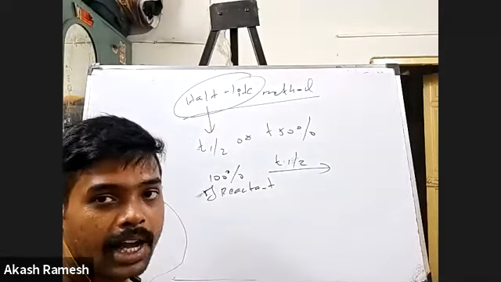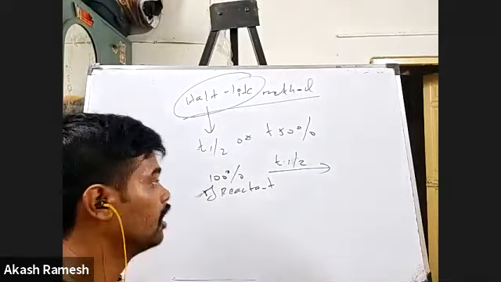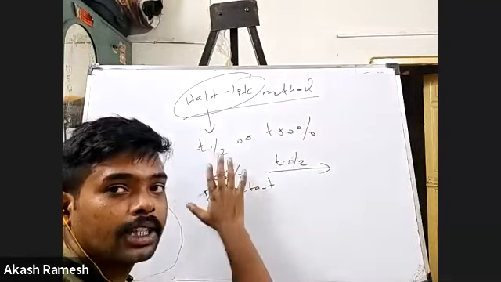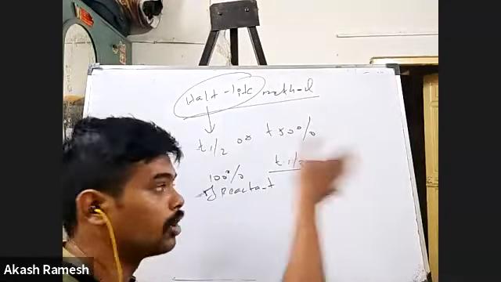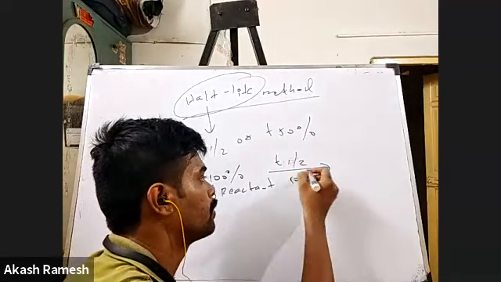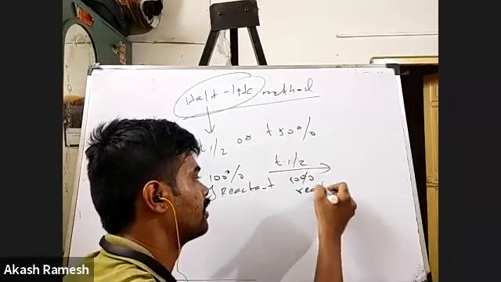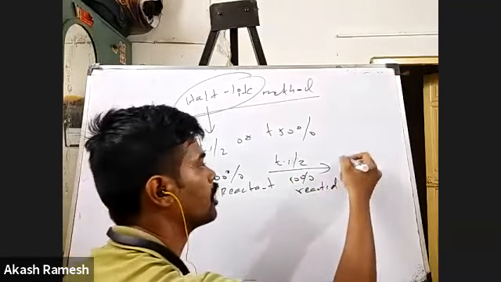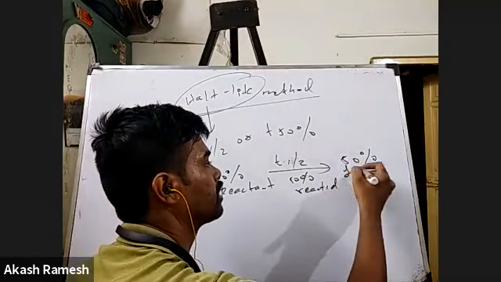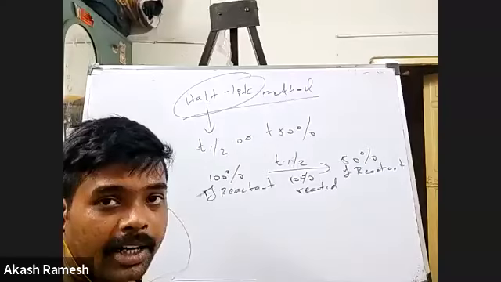After 1 t half, that is 1 half-life, 50% of this 100% would have reacted. So how much will be remaining? Only 50% of the reactant is remaining.